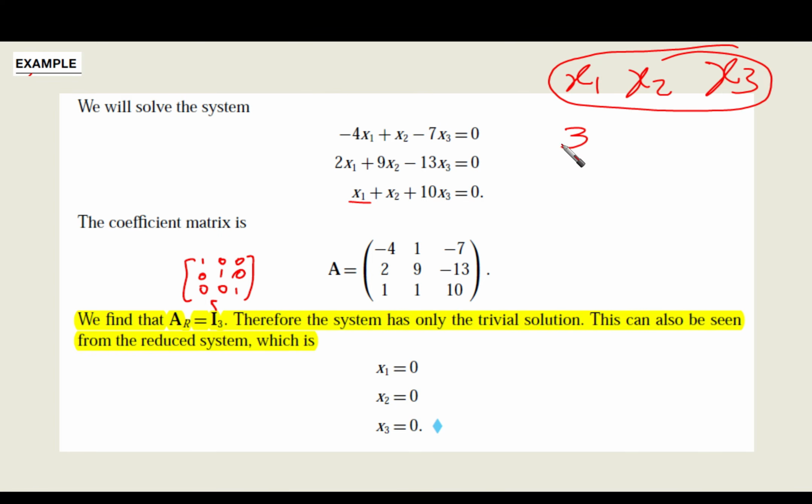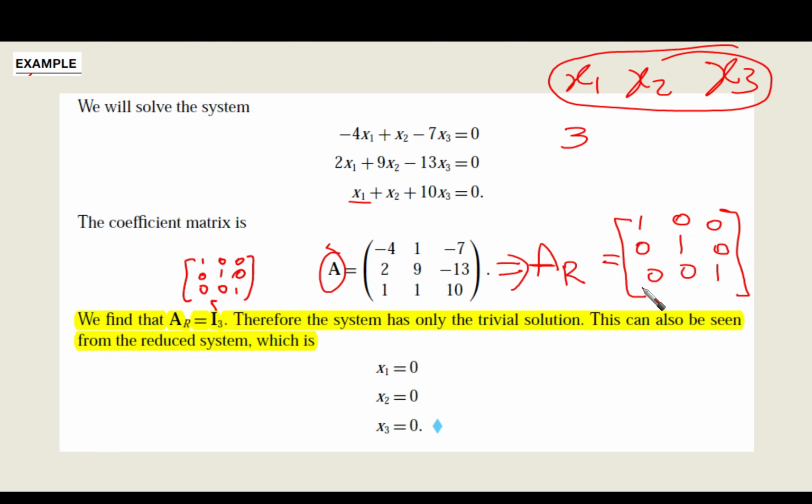Okay, and our coefficient matrix from here is A. We just extracted the coefficients and put them here. And when we worked out AR, we wanted AR to check the two other conditions that we mentioned in the previous slide. So we found AR here, you can check it by yourself. Check this AR, you're going to find it. It is giving you something like this.